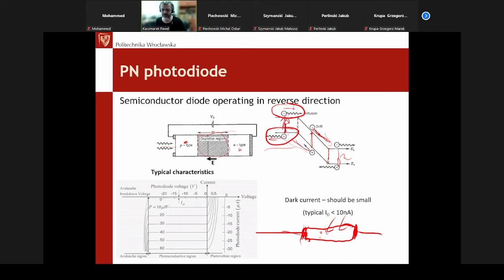Typically, it is couple nanoseconds per 1 micrometer of the distance to travel. Yeah, so you can imagine couple nanosecond of the delay introduced to such PN photodiode, because we cannot guarantee we will have no carrier creations in these two regions.